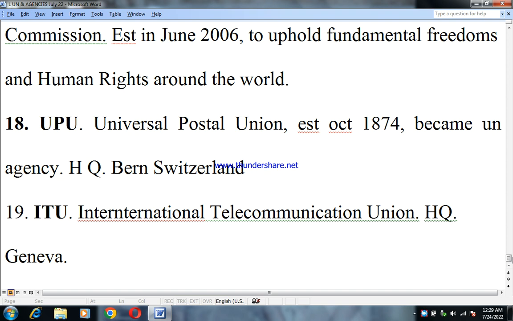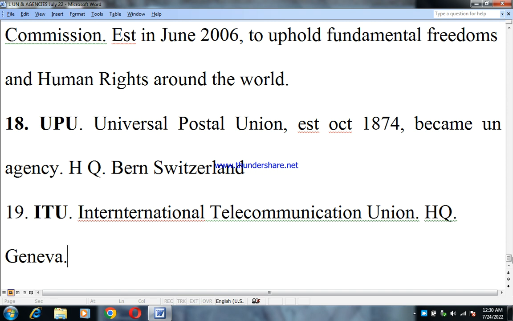Number 18, UPU, Universal Postal Union, became a UN agency in 1974. Headquarters is in Bern, Switzerland.